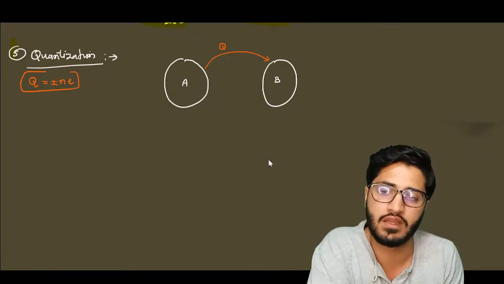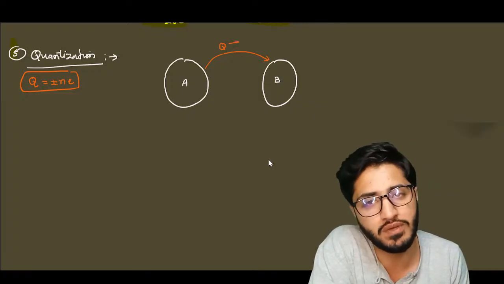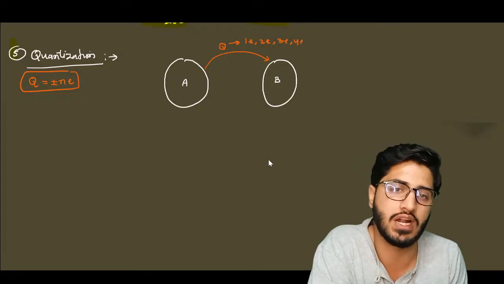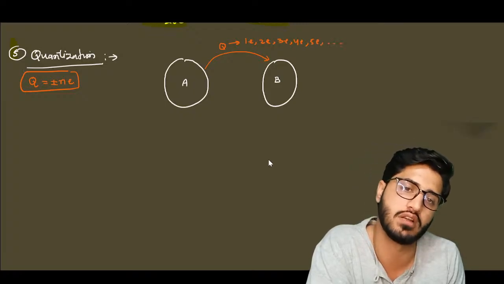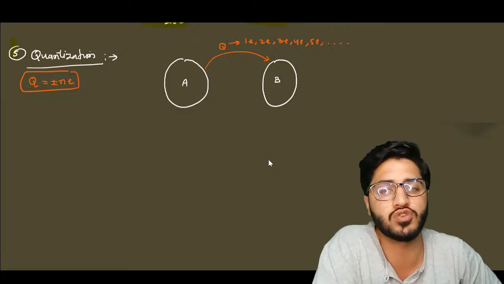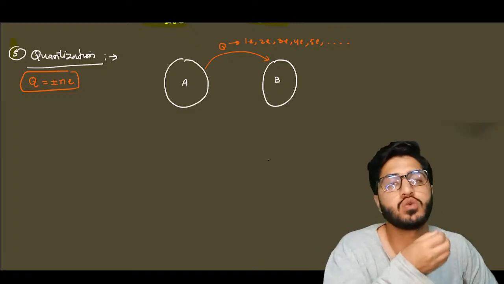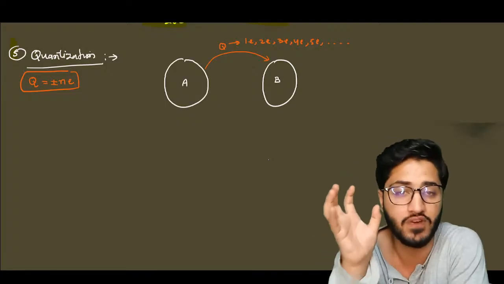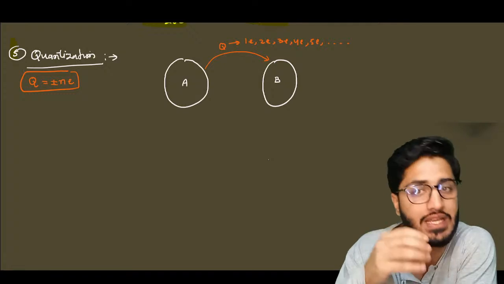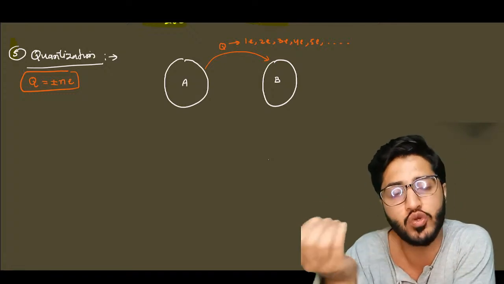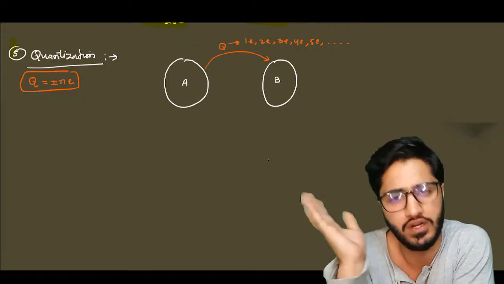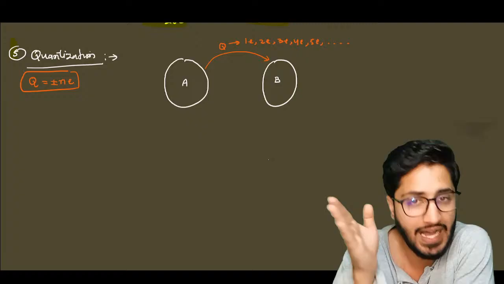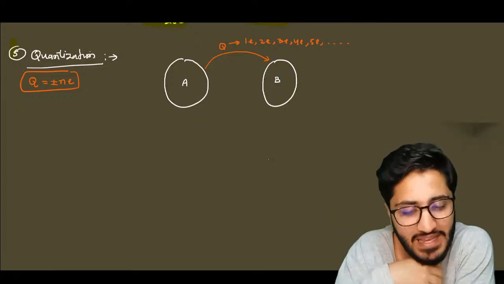That means the value of Q would be 1 electron, 2 electrons, 3, 4, 5 electrons, and so on. Charge won't come in fractions. It won't be 1.2, 3.7, 5.3. No. Whole electrons will transfer from one body to another. Either one electron will transfer from A to B, or 2 or 3 or 4 and so on. It is not possible that half an electron will transfer from A to B.